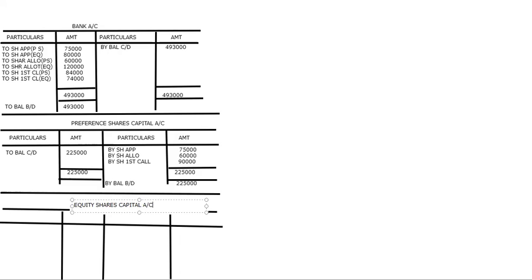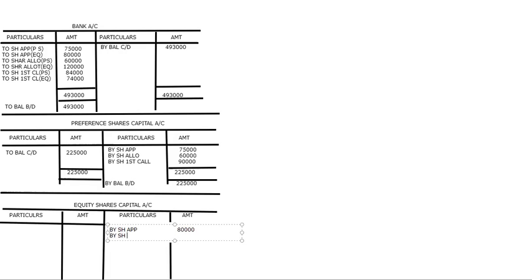Capital account. So like how preference posting was there all on the credit side, here also we are going to have all the postings on the credit side. Particulars, amount. So here also we are going to write first by share application. So share application of equity is 80,000.